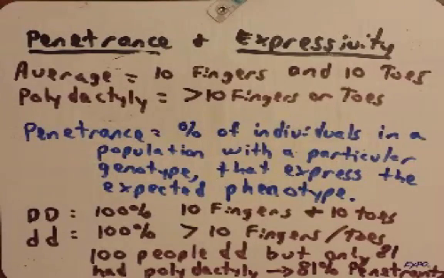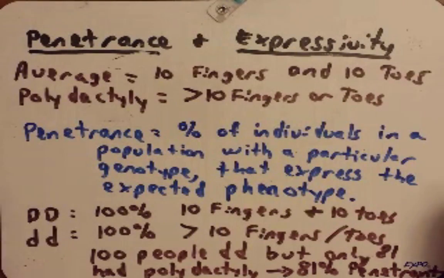I'm going to say that again. In a population of 100 people who are all little d, only 81 of them have polydactyly. So we say that this trait in this population is 81% penetrant. The other 19% still are little d, but they have 10 fingers and 10 toes. So it is 81% penetrant.